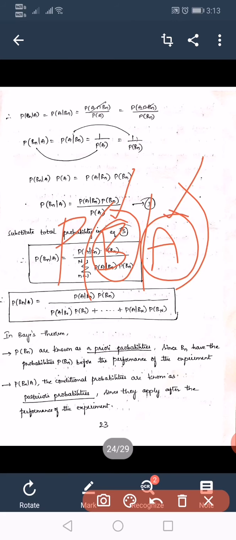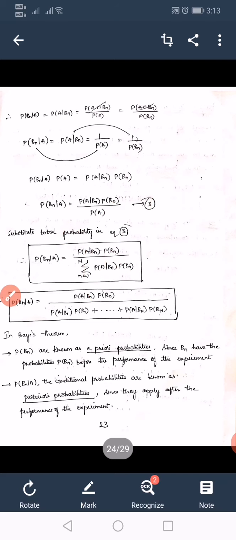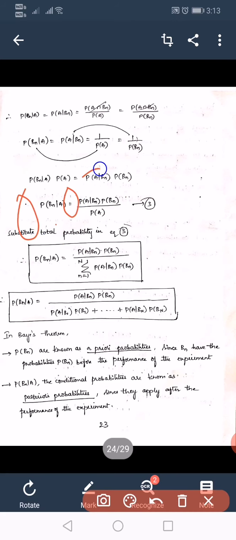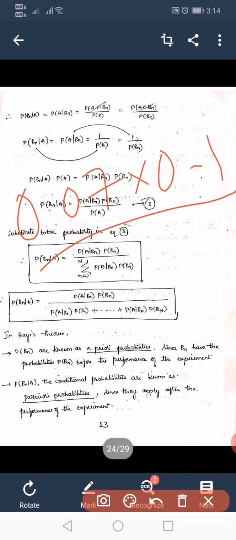So according to this information, we can find out that if the patient is alcoholic, the chance of getting liver disease is 0.07, because 7% of the patients who are alcoholic addicts have liver disease. Then 0.07 into P of A, that is 0.1, divided by P of B, that is 0.05.